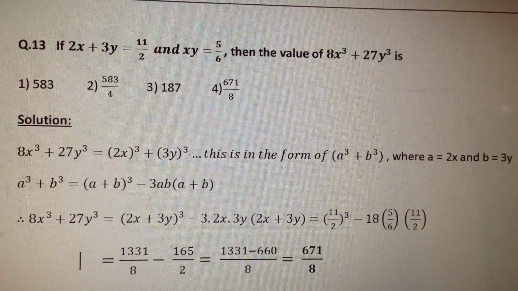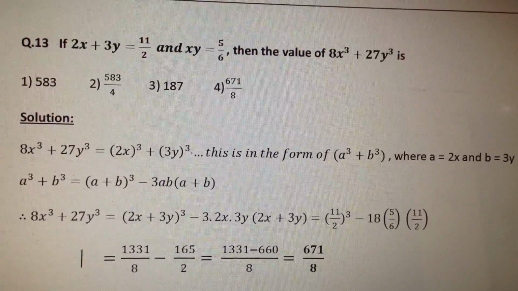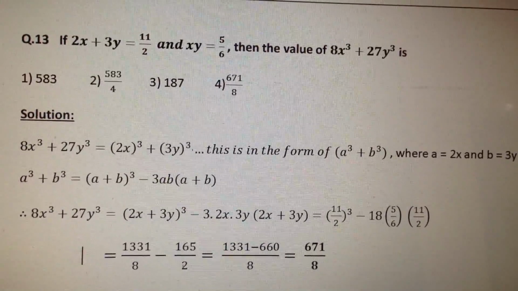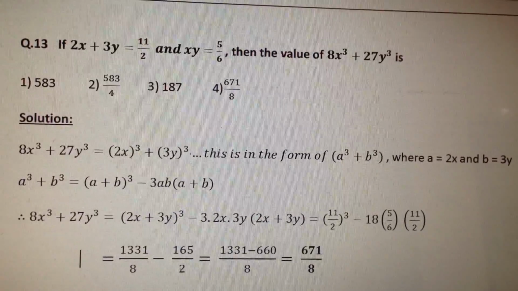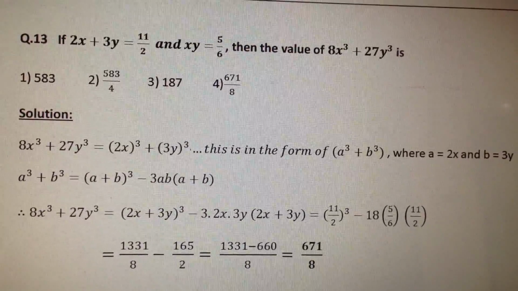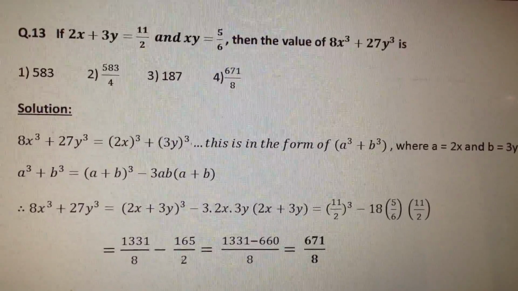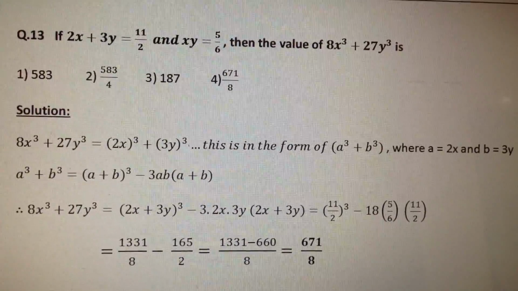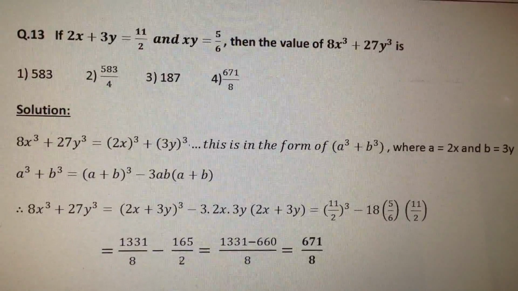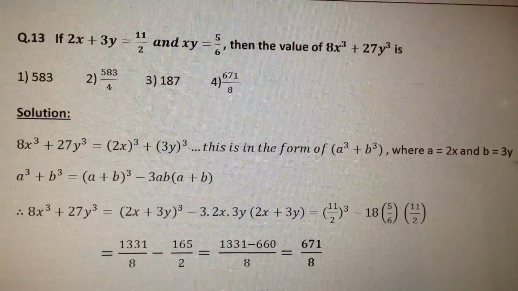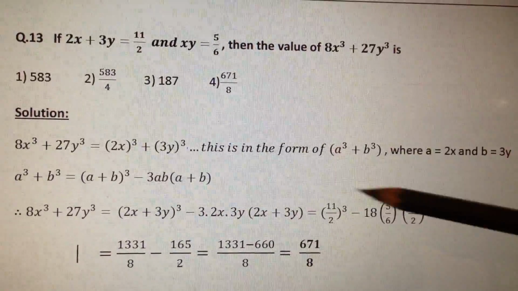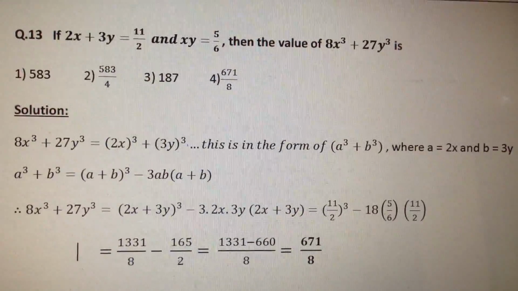Next question. If 2x plus 3y is equal to 11 by 2 and xy is equal to 5 by 6, then find the value of 8x cube plus 27y cube. 8x cube plus 27y cube can be written as 2x whole cube plus 3y whole cube.